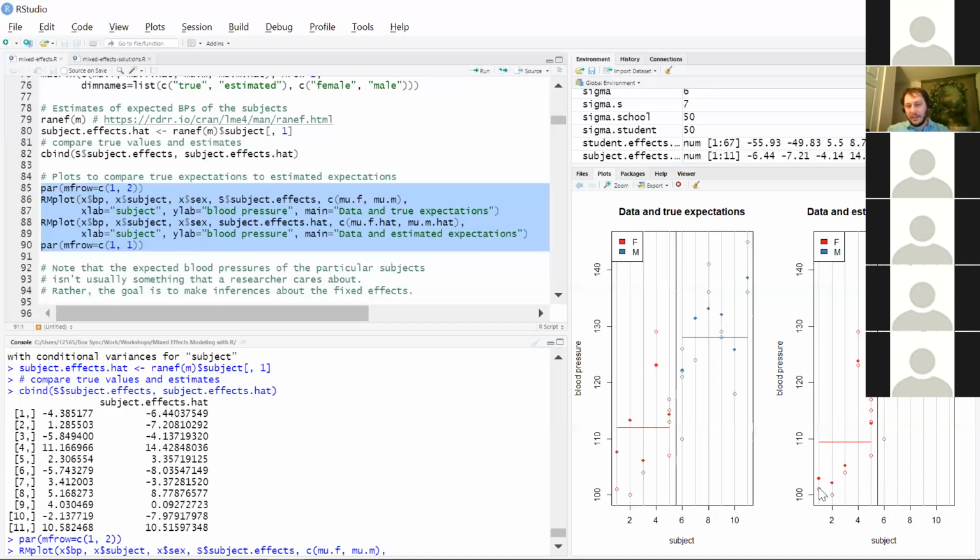So your best guess of subject one's expected blood pressure is not to just use the value of her one measurement. It's to combine that with all the rest of the data and as a result shrink your estimate toward the female group expectation a little bit.